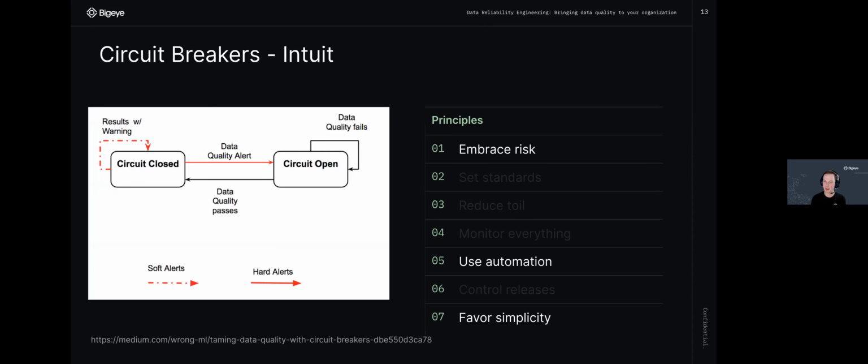So Intuit's circuit breakers took a very simple idea that simply said, if a data quality check fails, if we know that this data isn't correct, stop producing the data immediately and go tell somebody. And you can see in this diagram from the blog post, this is a pretty straightforward concept.